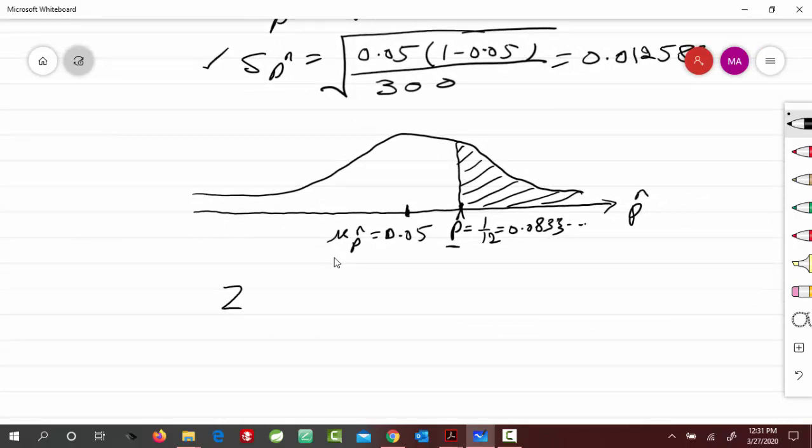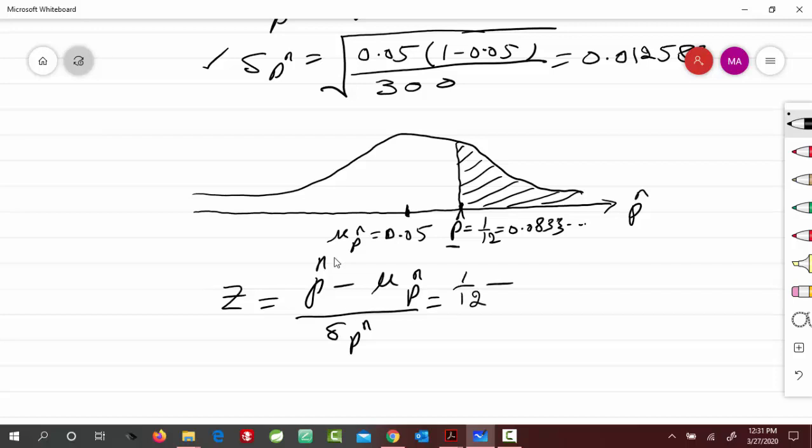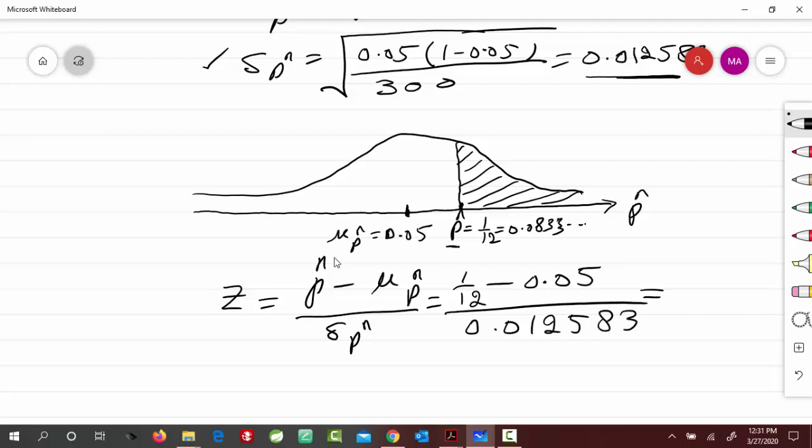That z value would be p hat minus mu p hat, divided by sigma p hat. So p hat is 1/12 minus mu p hat, which is 0.05. The whole thing divided by sigma p hat, which is this value here, 0.012583, and this will be equal to 2.65.